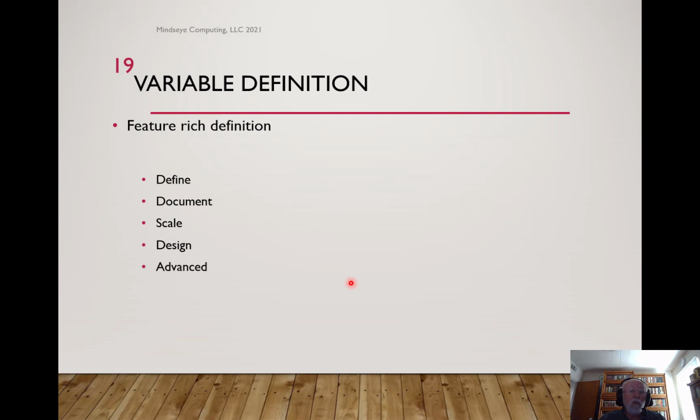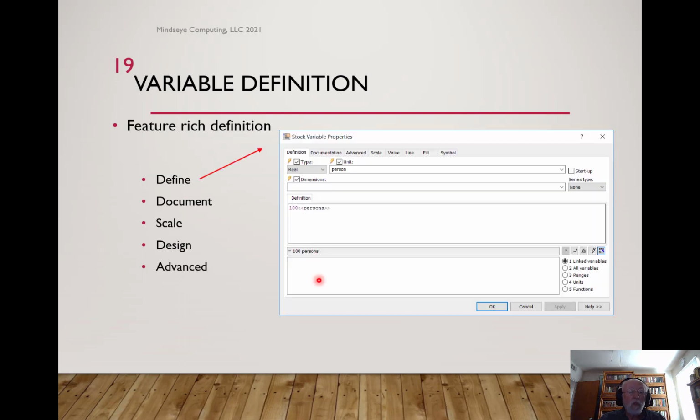Okay, more detailed before we open Studio. The define window is very detailed. As you can see, there's the actual equation, documentation, advance, scale, value, line, fill, symbol. So many things you can literally get lost, but very powerful. Studio uses inline definition of units.